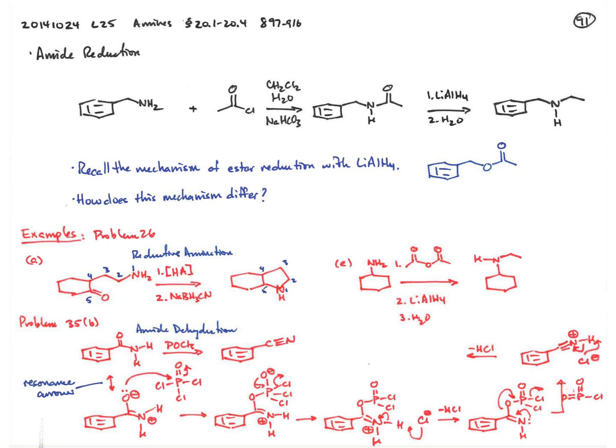Down in red here is just some example problems on my notes from another book. So in this problem here, basically we're taking a primary amine in the presence of a ketone, an acid.